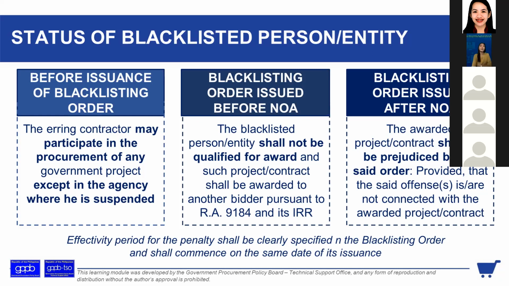Nauna yung si LGU A, nag-blacklist sa kanya. Tapos, blacklist din siya ni LGU B. So, in case the penalty of blacklisting for 2 years is imposed during the pendency of a previous blacklisting order, the latter shall be deemed terminated and subsumed by the new 2-year blacklisting order.